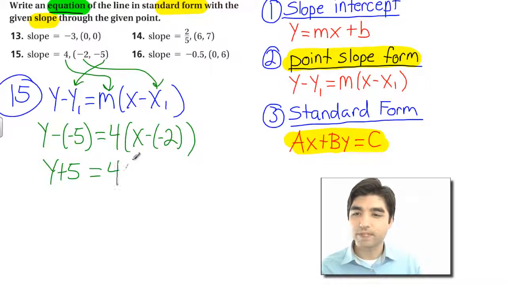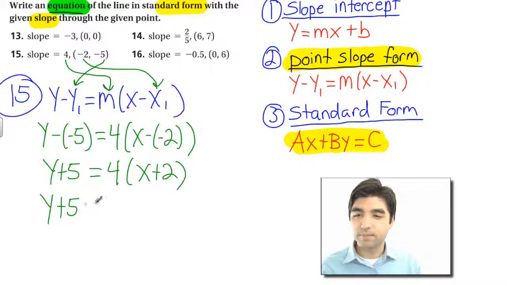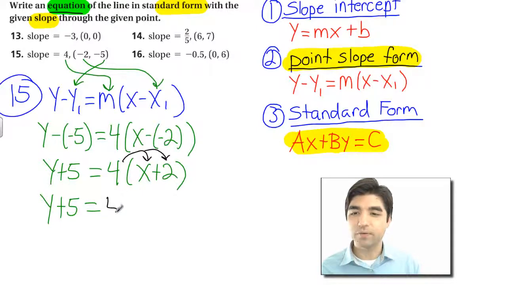And then 4 times x minus minus 2 equals a positive 2. So we have y plus 5 equals 4 times x plus 2. So we need to distribute this 4 through. So we have 4 times x and then 4 times 2. So that's 4x plus 8.